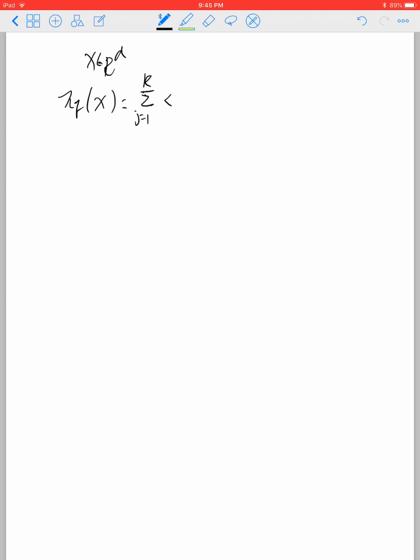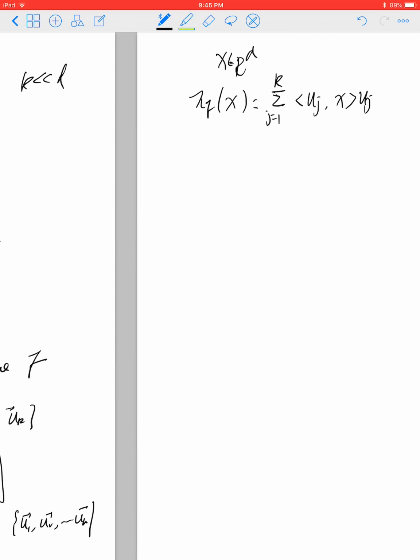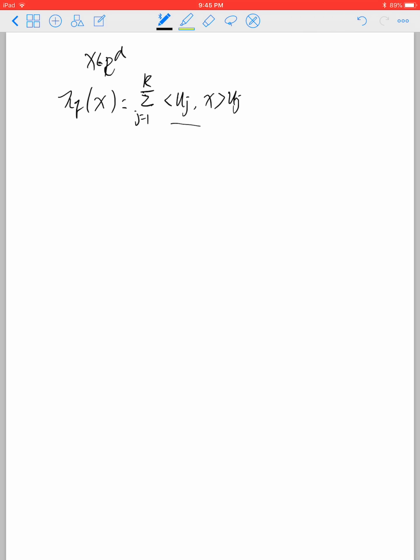The projection error is computed by the norm of the difference between each data point in A, say Aj, and the projected vector of Aj onto F. We denote it by pi subscript F, meaning the projection onto F. We compute the square of the norm as the squared error, and we sum over this error from 1 to n, because we have n data points in this matrix A, namely n rows.